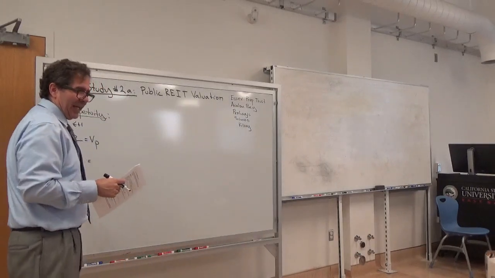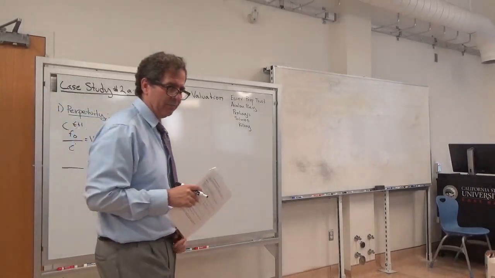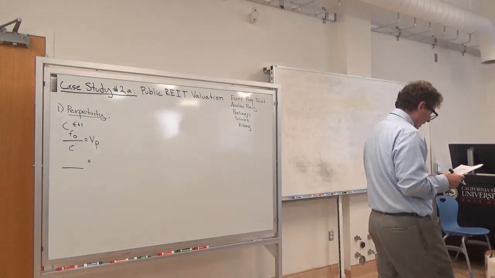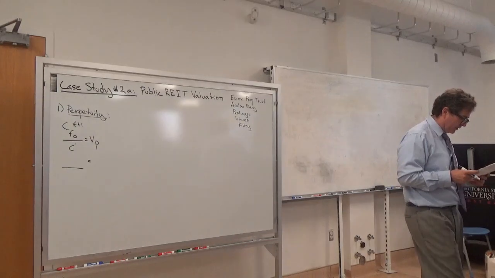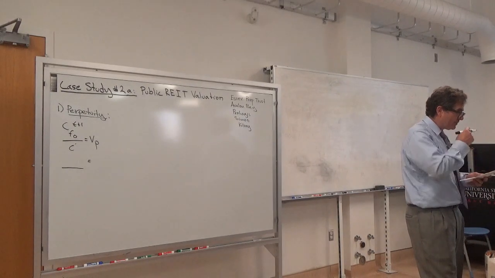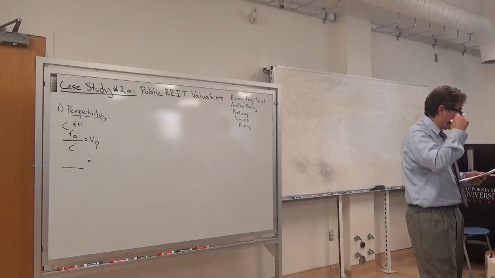So do we use last year, this year's, or next year's FFO per share? Next year's, exactly. So how do we calculate next year's FFO per share? How do we get next year's?